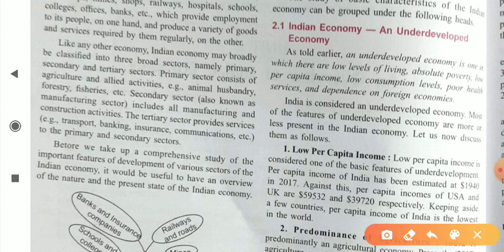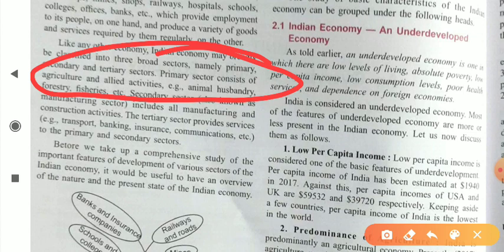If you talk about the primary sector, the primary sector is the agriculture sector or allied activities. All the agriculture and allied activities are part of the primary sector, like animal husbandry, forest, fisheries, horticulture, bee farming, poultry farming. All these are part of the primary sector, and the contribution of the primary sector is around 12 to 13% in our Indian GDP.